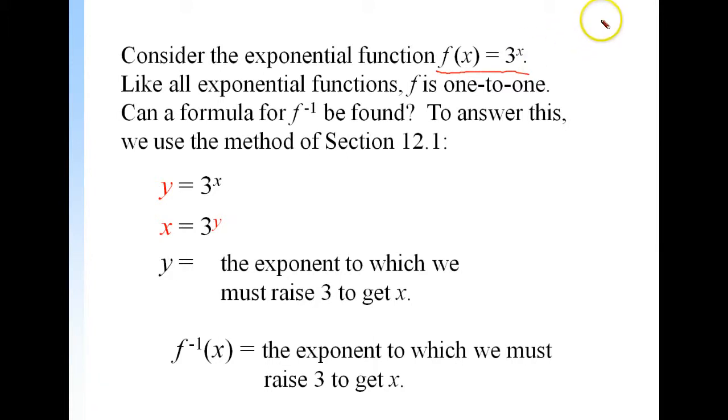Now, when we did the graph of these, you may recall, this one looked like this a little bit. Did this pass the one-to-one horizontal line test? And it did. So we say this does have an inverse, and there's our one-to-one.